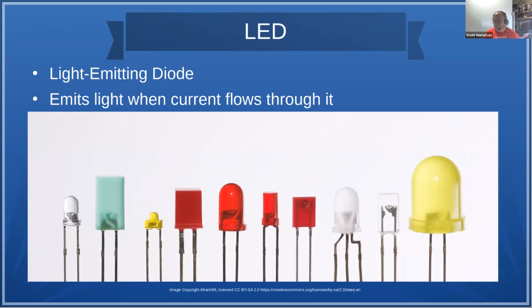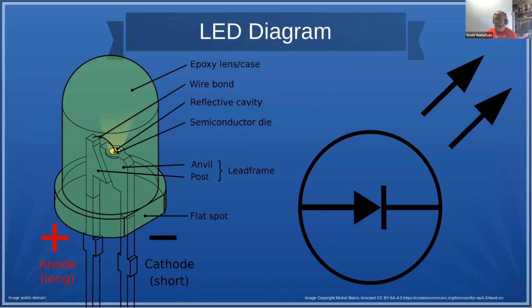Lots of different shapes. So this is basically what's inside the diode. There's a technical diagram here, but again, anode, cathode, positive or minus. The symbol next to it on the right is basically our symbol for a diode with little lines coming out of it. It's just showing the light coming out of it. That's all we really care about.